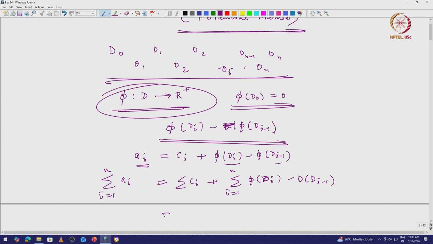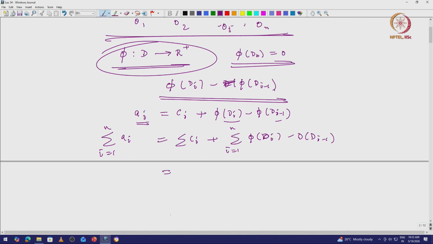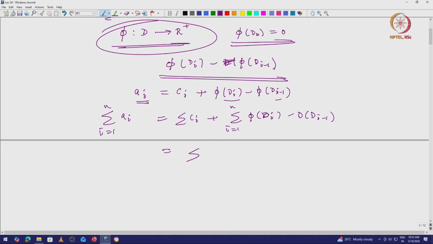Therefore, this is equal to sigma Ci plus potential of Dn minus potential of D0, but this is 0. Therefore, this is equal to sigma Ci plus potential of Dn.